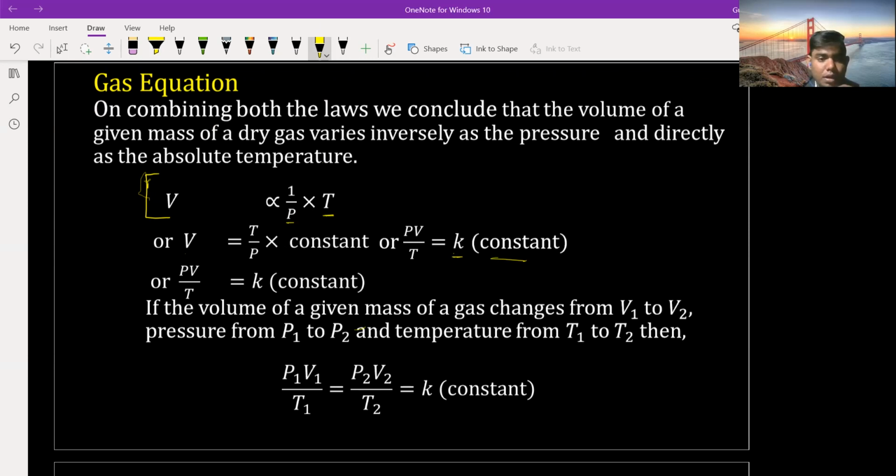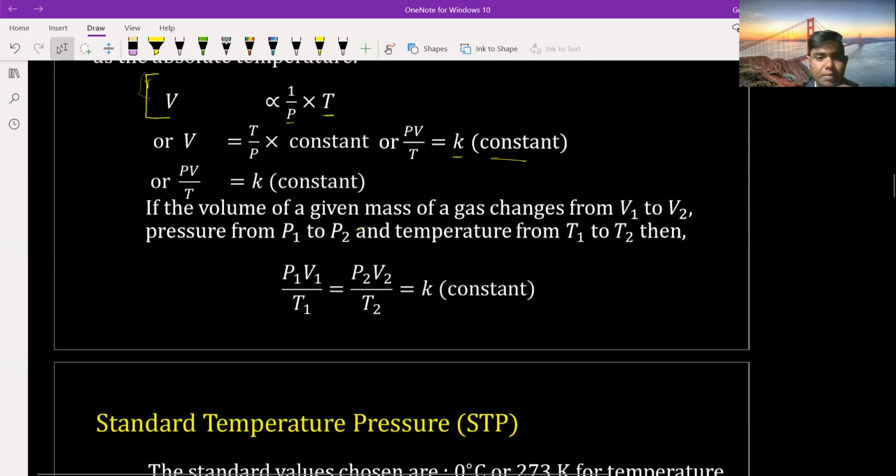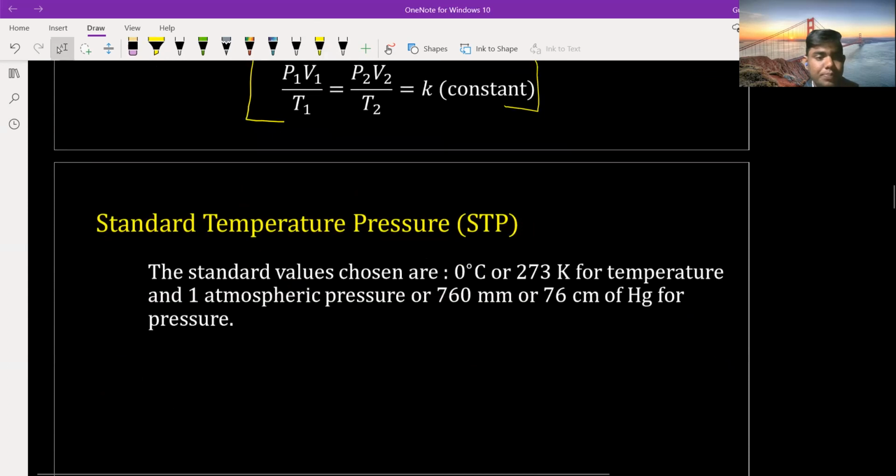If the volume of a given mass of gas changes from V1 to V2, pressure from P1 to P2, and temperature from T1 to T2, then P1 into V1 upon T1 equals P2 into V2 upon T2 equals K, where K is the constant.